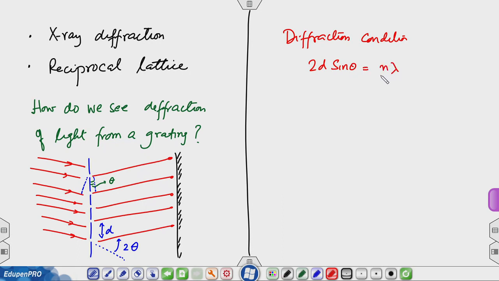So, this is pure optics. However, the condition you see is what you have learned in your BSc or previous classes.